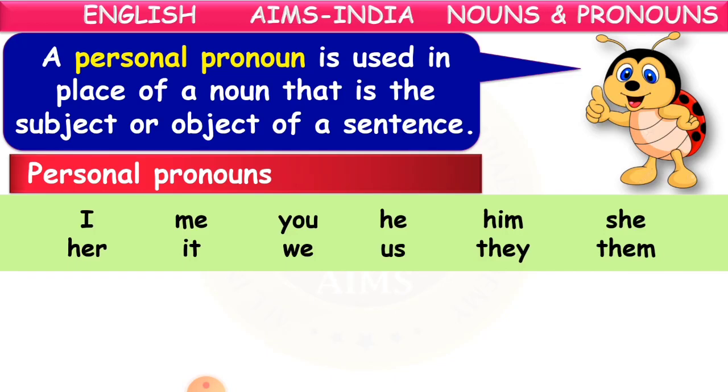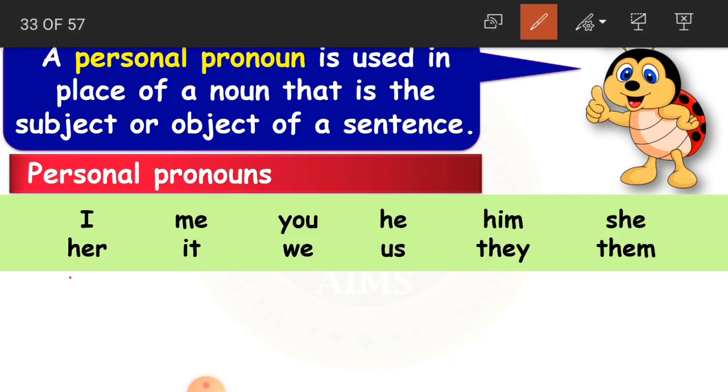It is personal in the sense it belongs to me, to us. Examples: I, me, you, he, him, she, her, it, we, us, they, them. These are all personal pronouns.